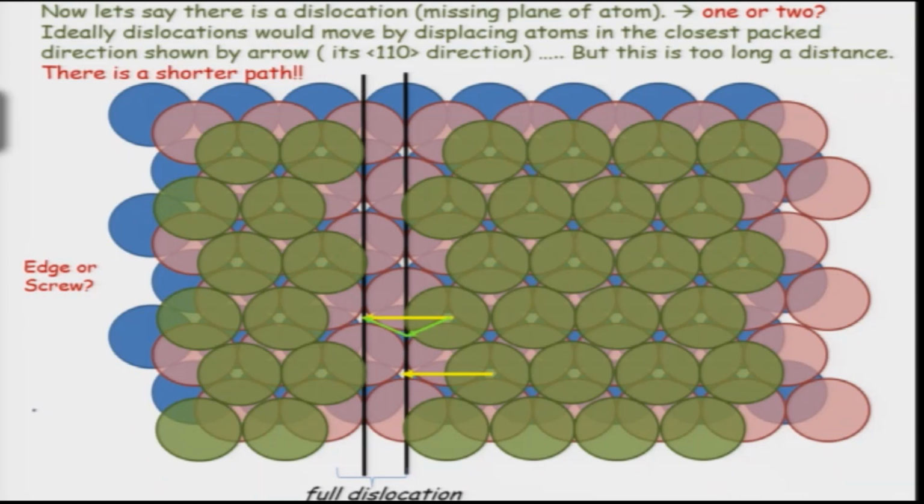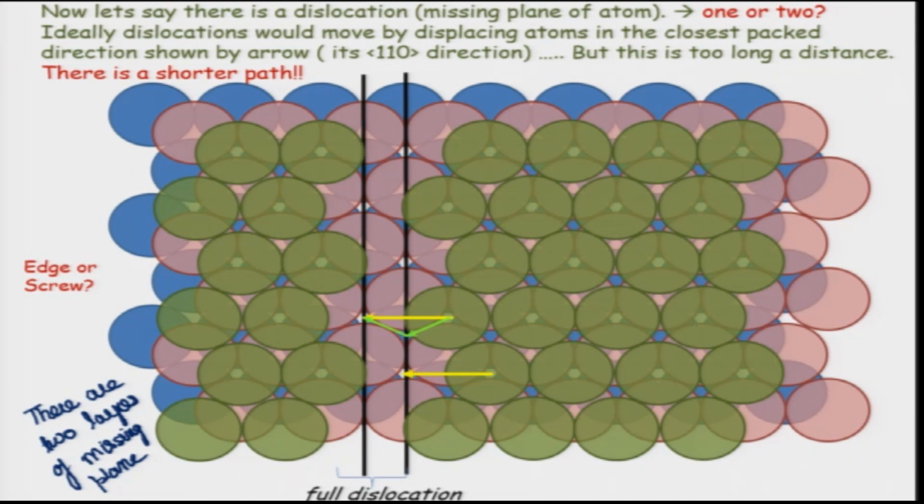So, there are two layers of missing planes. One thing we can clearly see now is that this forms one whole dislocation.